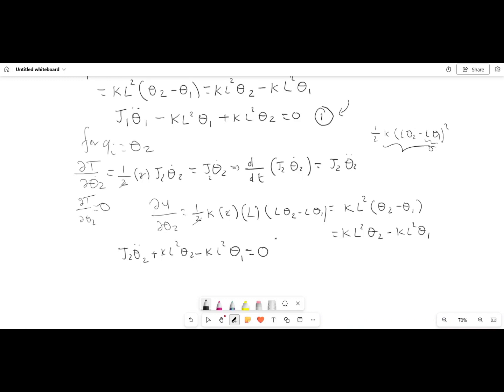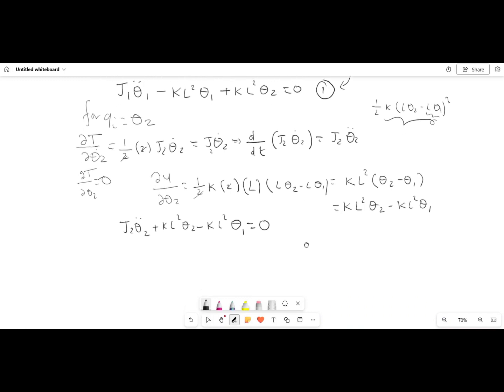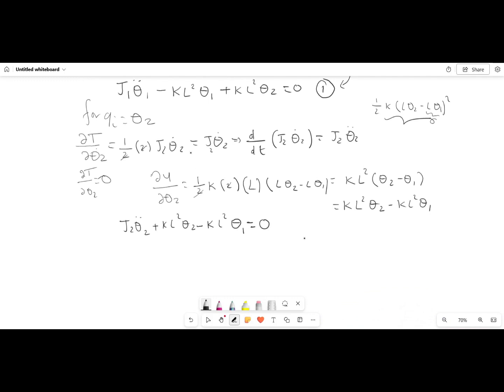Any question, guys? Now we can write them in matrix form. Very, very important. Always write your answer in matrix form. Let's write it in matrix form and then we send a new link to answer the other parts. Equation 1, equation 2. I always like to recall it so that when I write my equation, I know what I'm writing.